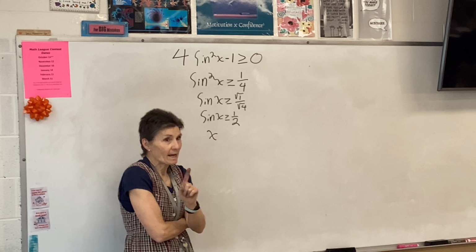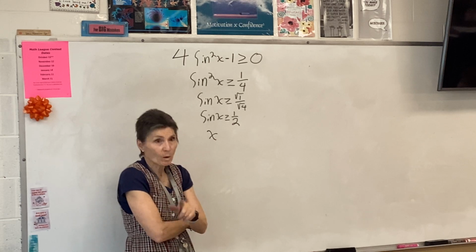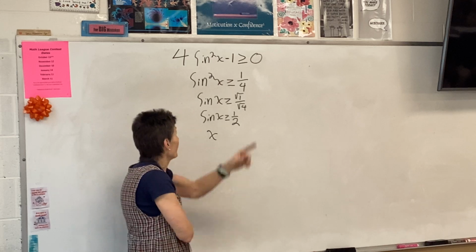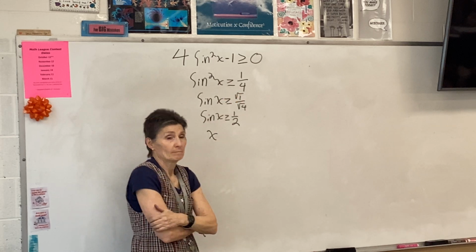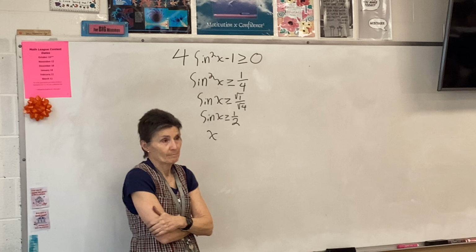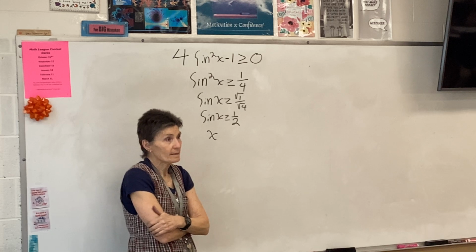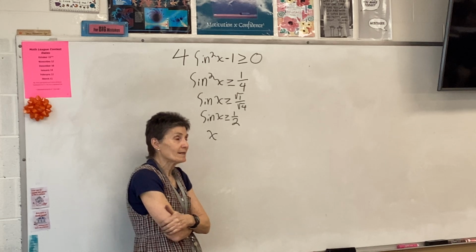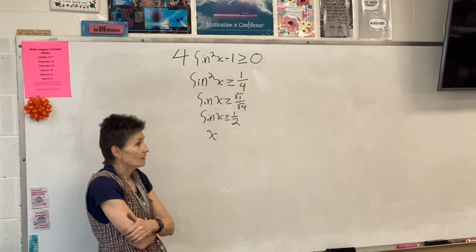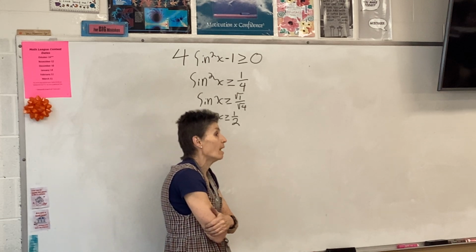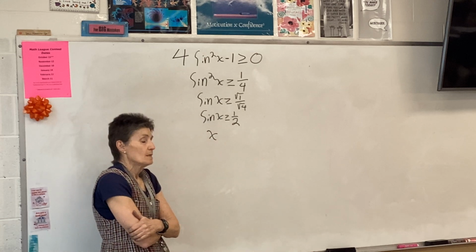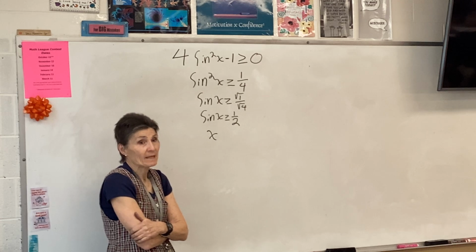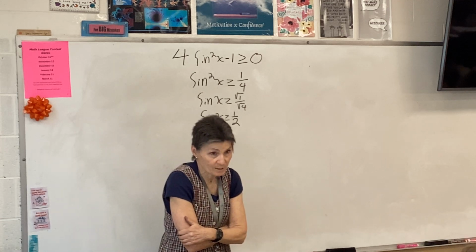Is this quadratic? Yes. Okay. Is it set equal to 0? Yeah. What is the next step? Try to factor. You cannot take the square root of both sides of an inequality. Taking the square root is fine if you have an equals.